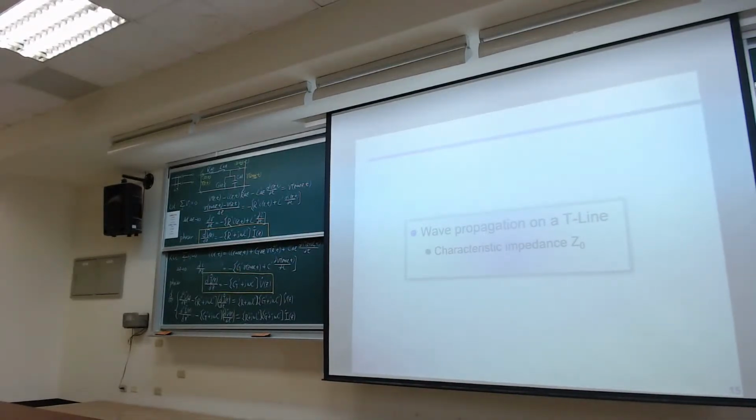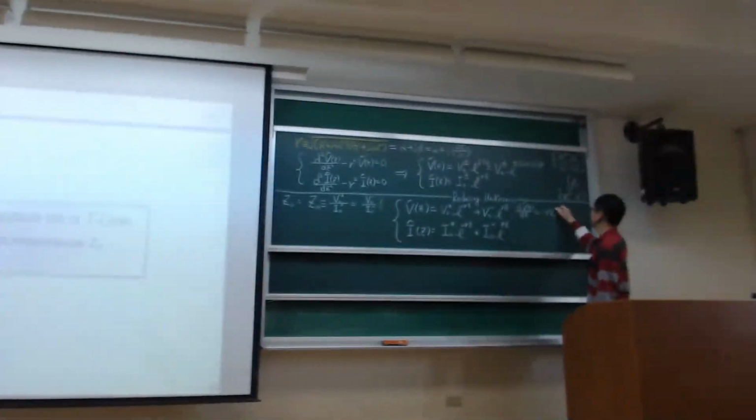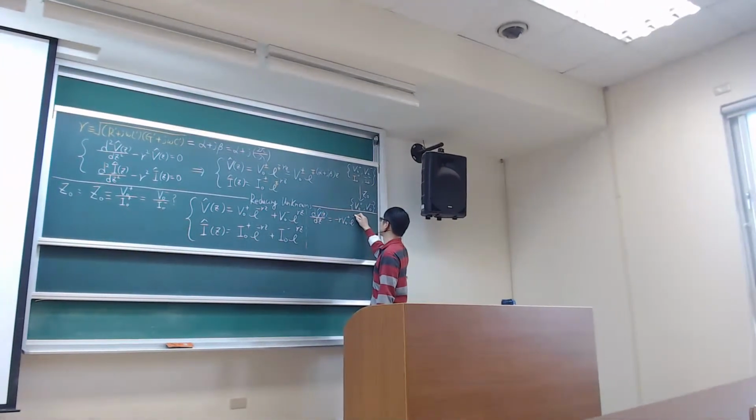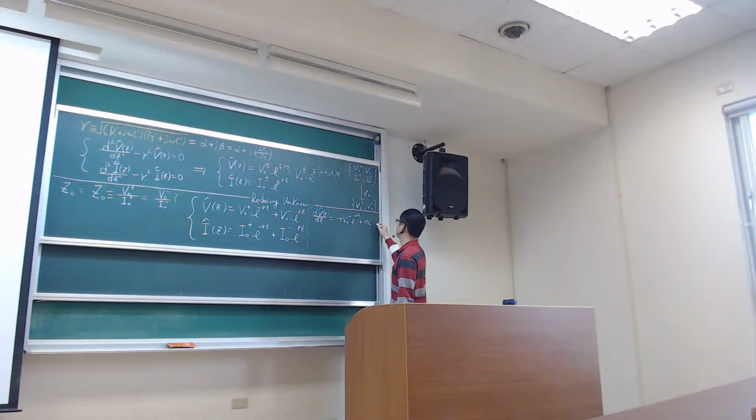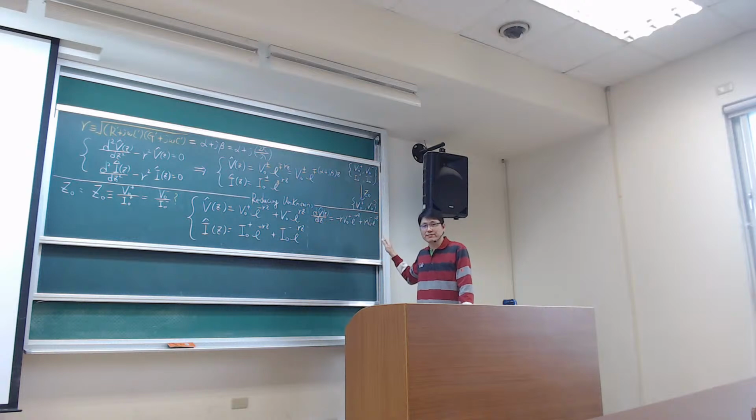So if I have enough space, dV(z)/dz equals, I'm really trying to perform the differentiation, negative gamma V plus e to the negative gamma z plus gamma V negative e to the gamma z. I hope this is fine for you. Can you still read these letters clearly?